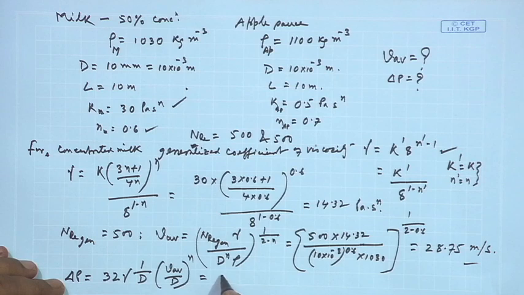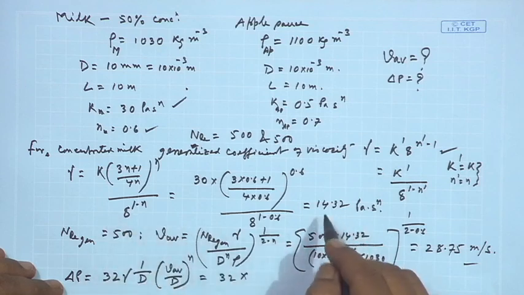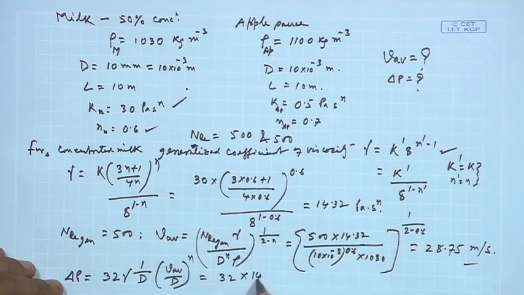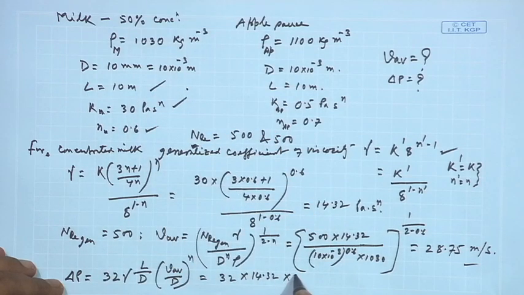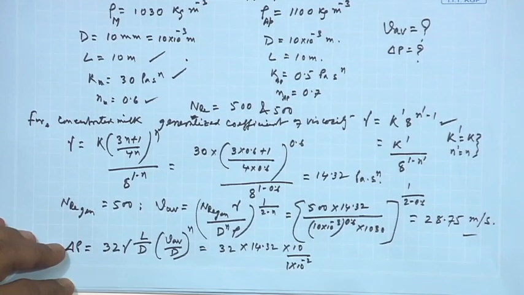is equals to 32 into gamma we have found out 14.32, into L by D, right. L is 10 meter, so into 10 divided by D is 10 millimeter, so 1 into 10 to the minus 2, right, into V average.